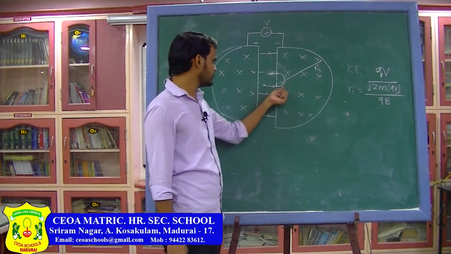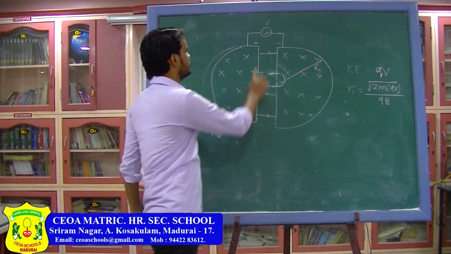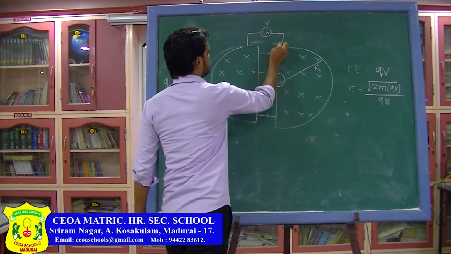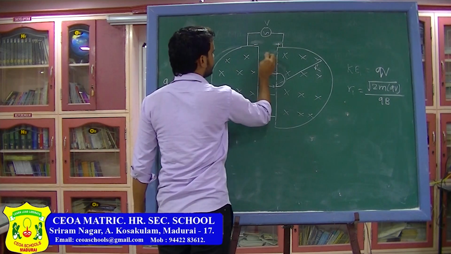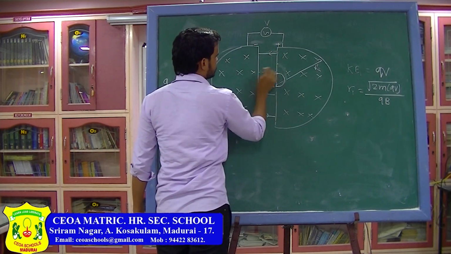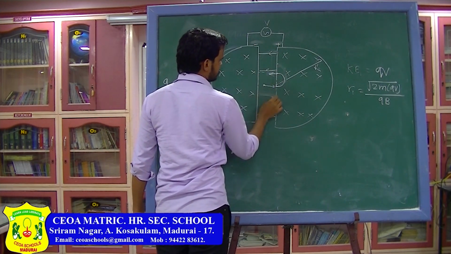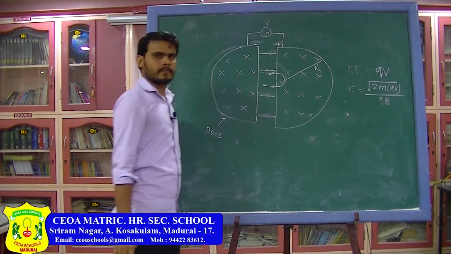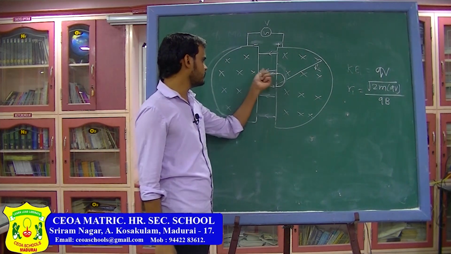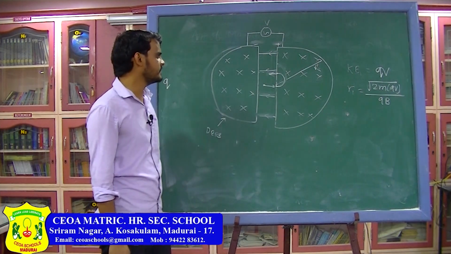At the same time, as soon as the particle reaches here, we change the direction of the source. So, this will become positive and this will become negative, and now the electric field will also reverse in direction. Now again the charged particle will move from this point to this point, and its kinetic energy is going to increase.